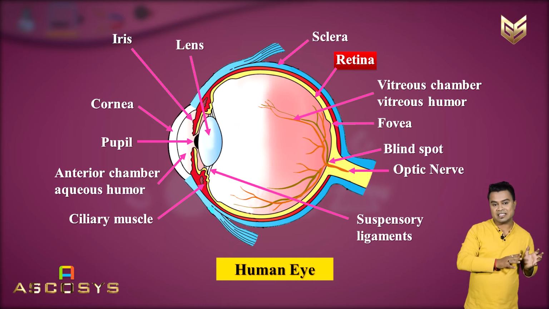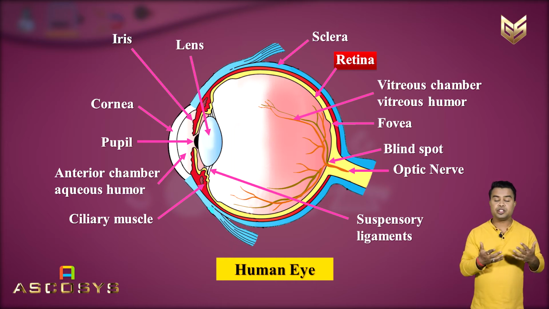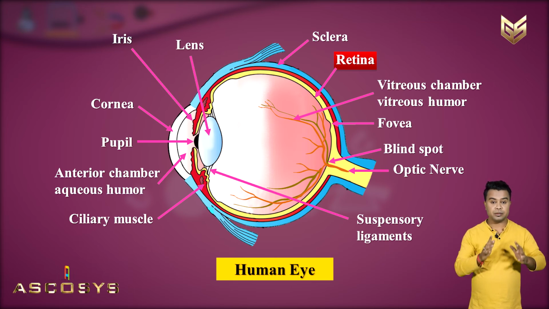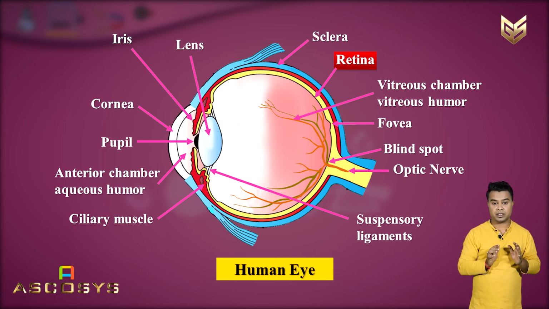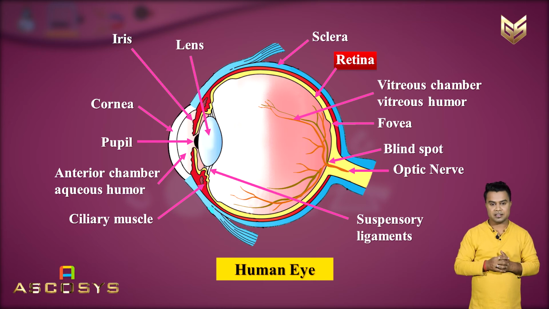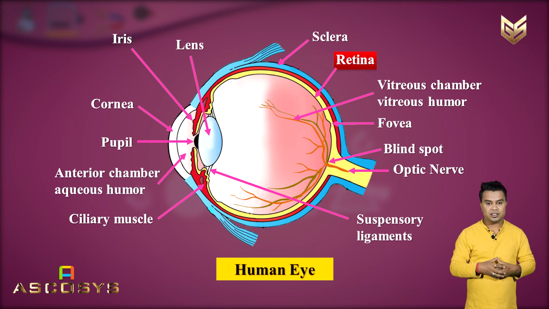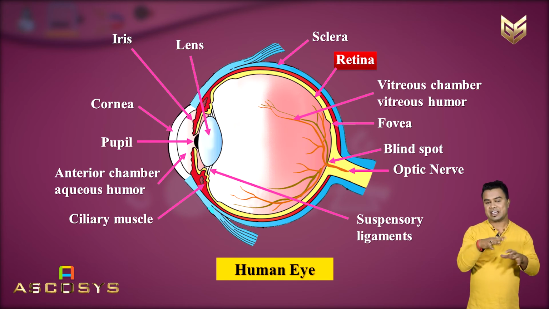We know a convex lens forms a real and inverted image. The only position where it will form a virtual image is when the object is kept in between the focus and the optical center of the lens. So how are these images being seen by you? It's actually virtual. Okay, I'll tell you later.